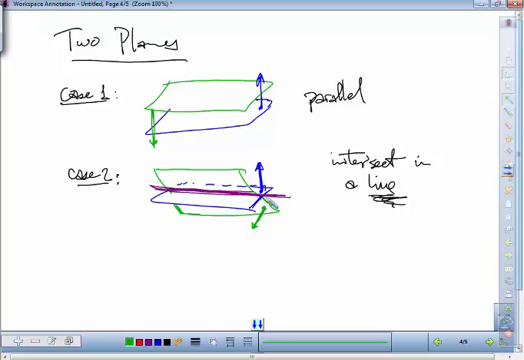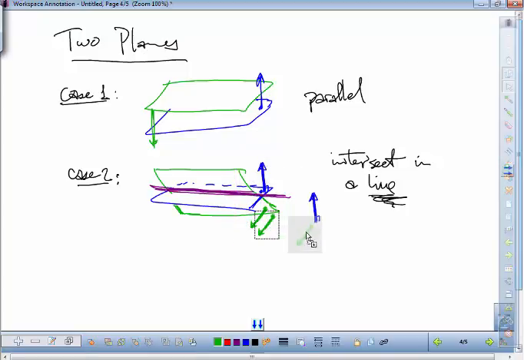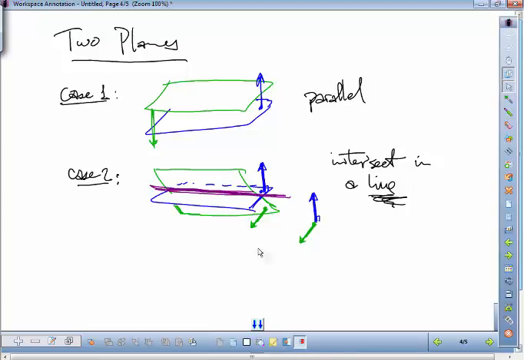These normal vectors to the planes are useful in a couple of ways. If you take those two vectors, you'll find a couple of things.